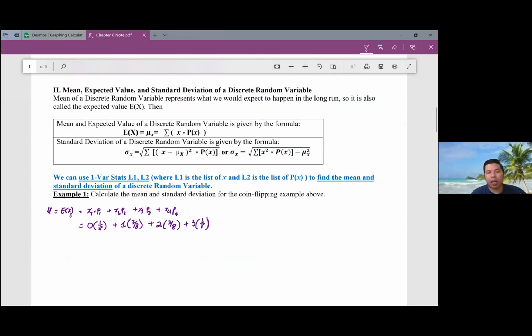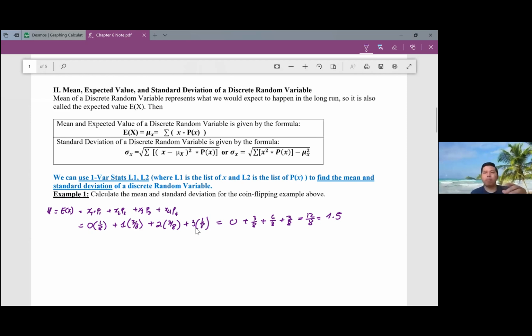We take 0 times its probability, which is 1/8, then 1 times 3/8, then 2 times 3/8, and then 3 times 1/8. Simplifying, we get 0 plus 3/8 plus 6/8 plus 3/8, so that will be 12/8, which is 1.5.